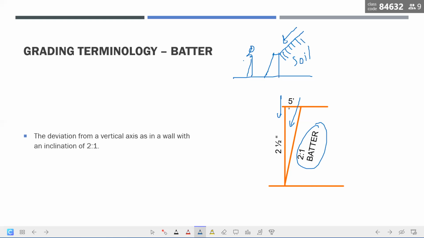So perhaps you have a footpath here, or you have a footpath there, or a service area here, and this is the retaining wall holding the soil. So this is the batter that I'm talking about. The idea is to give the wall extra strength without having to add to its overall girth.